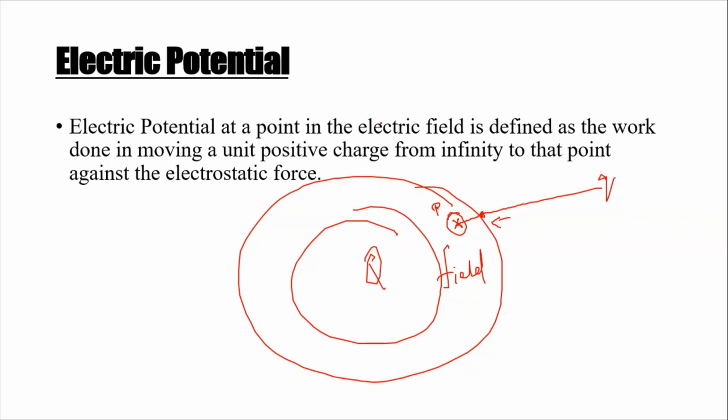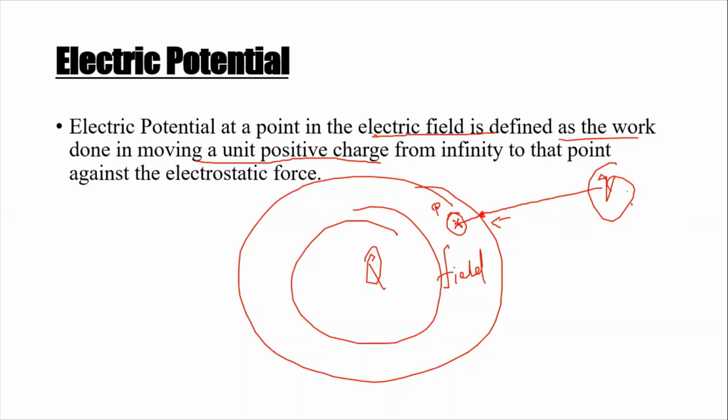So electric potential at a point in the electric field is defined as the work done in moving a unit positive charge from infinity. Infinity means from an unknown distance where the source charge field is not experienced, against the electrostatic force. So the work done to move this test charge to the point P is called the electric potential.